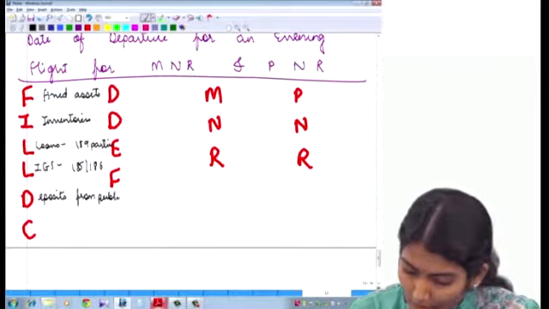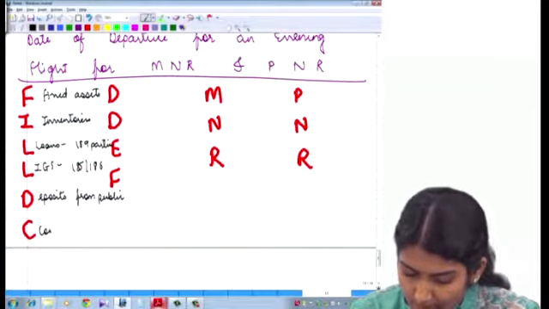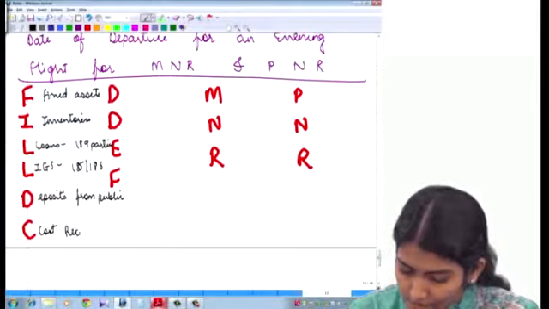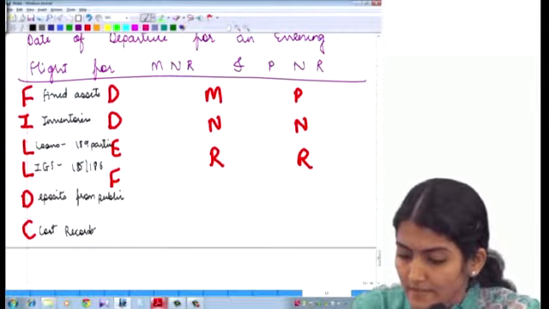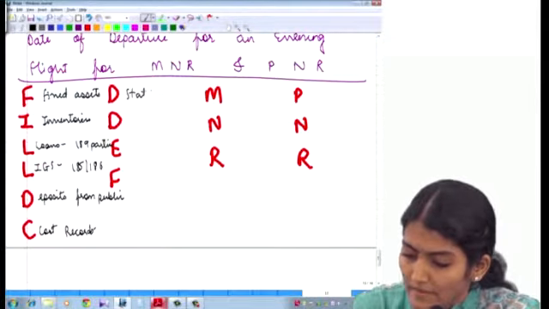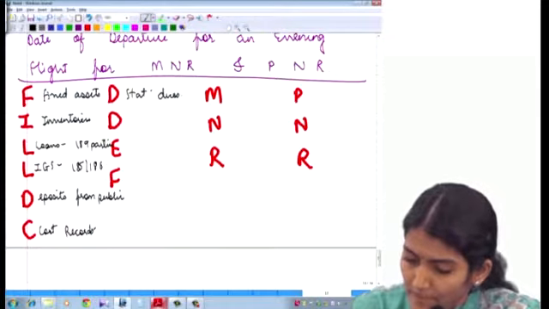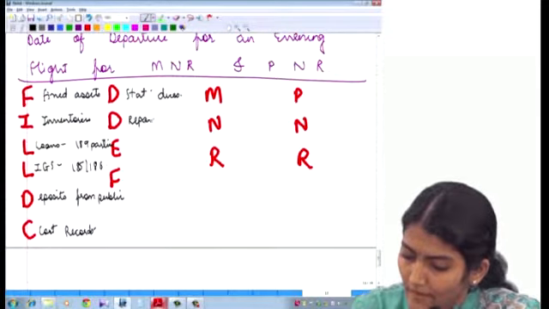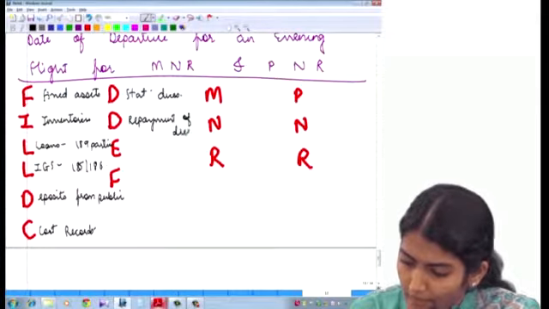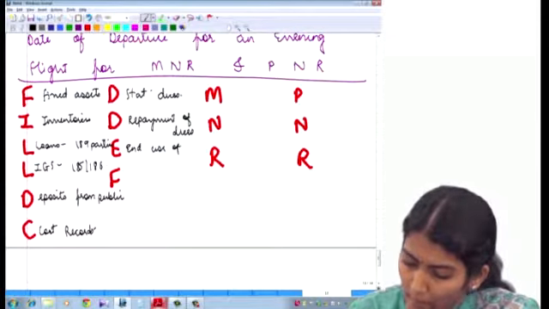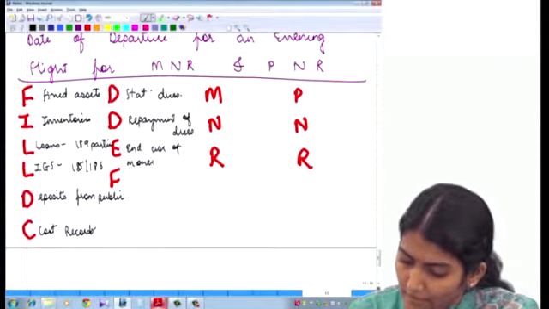C for cost records. Then this D is for the statutory dues. Next D is for the repayment of dues. Then E is for end use of monies raised.